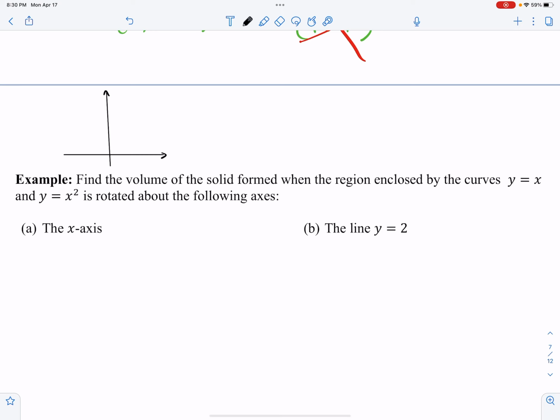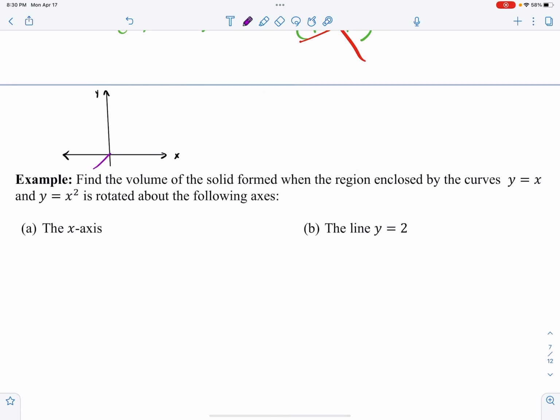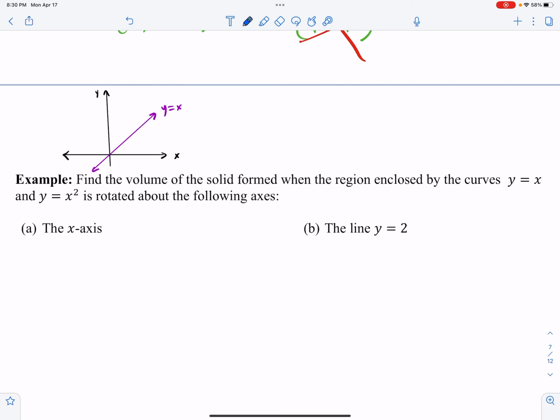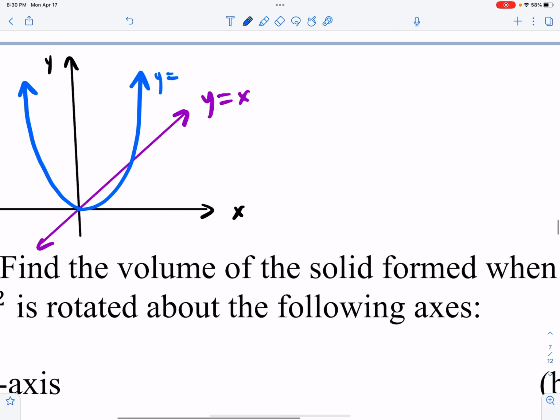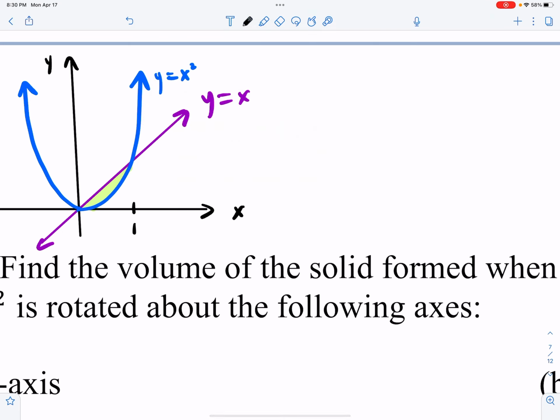So y equals x would be this line, and then y equals x squared would be the parabola. And this is the region enclosed, where the point of intersection is (1, 1).